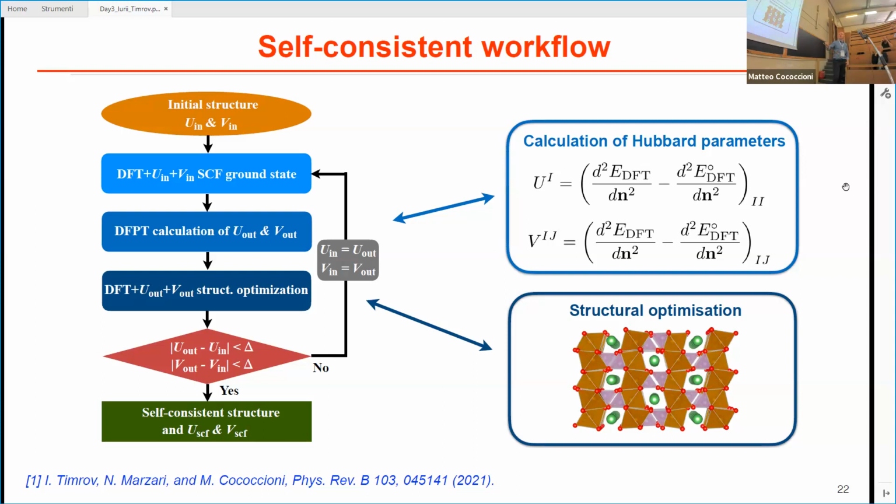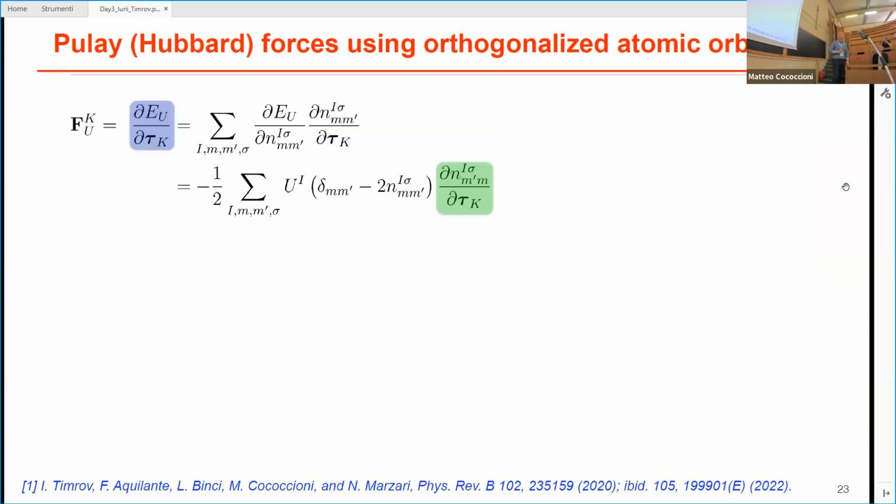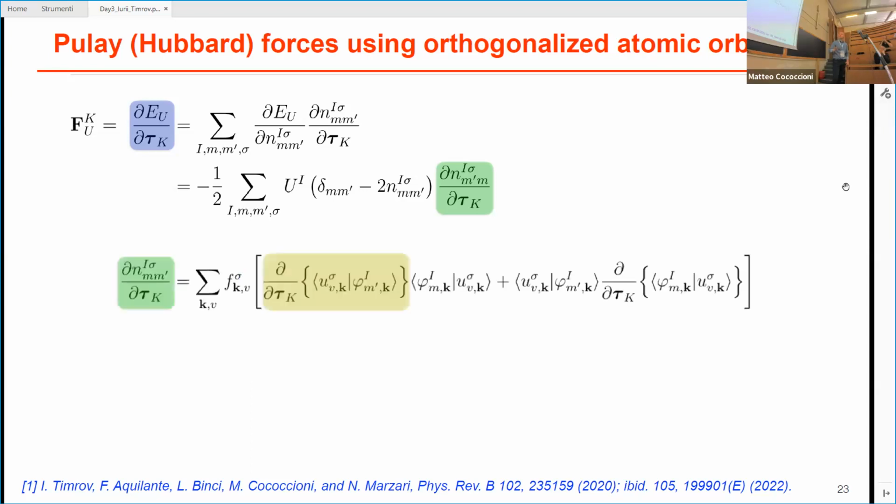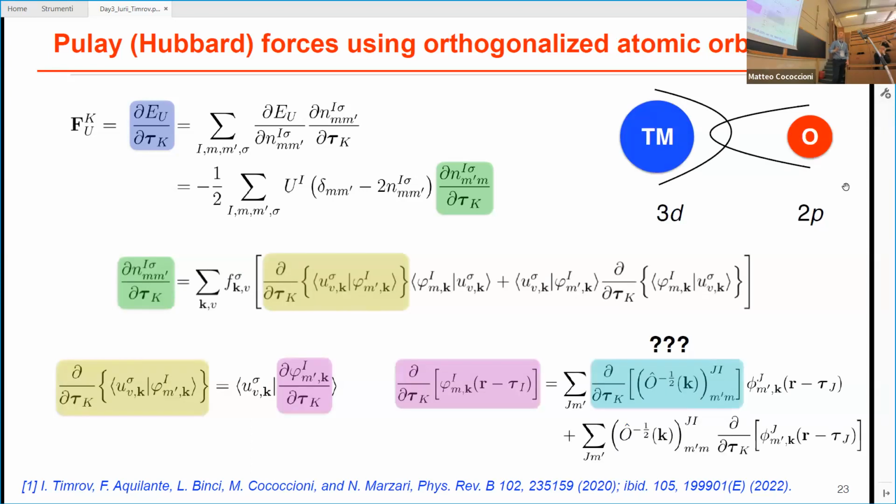So this is what we're doing. And then you say, okay, now I reached self-consistency where U and V do not change anymore, and my geometry is also converged. But to do structural optimization with DFT+U+V, you need to compute forces and stresses. And in the framework of DFT+U+V, you have extra contributions to forces. I don't have time to go into details, but if you're interested, we can talk more during the coffee break.